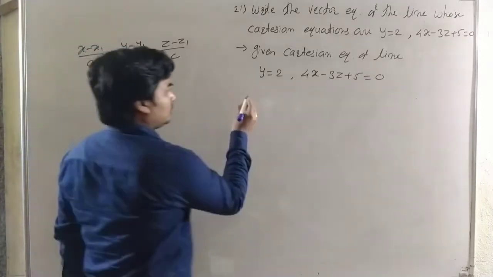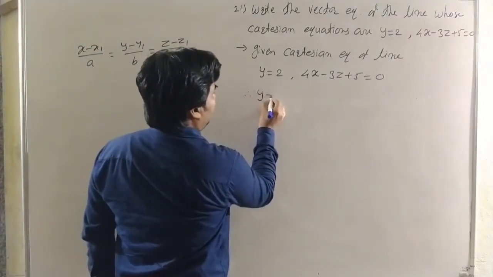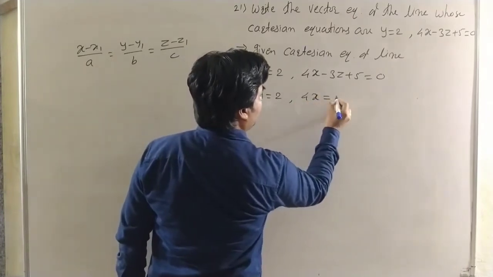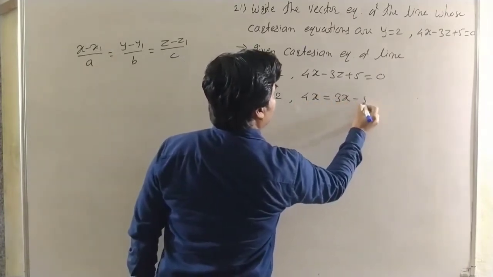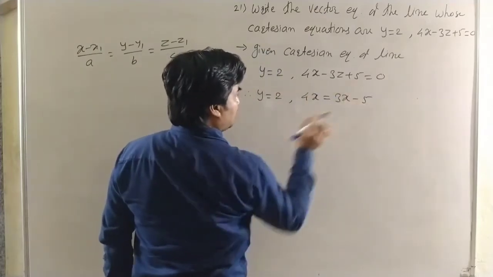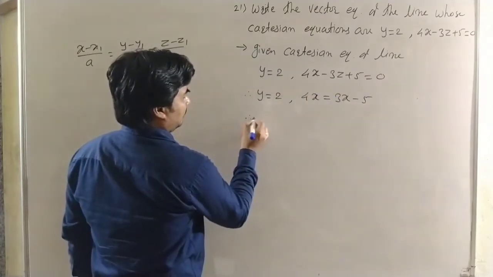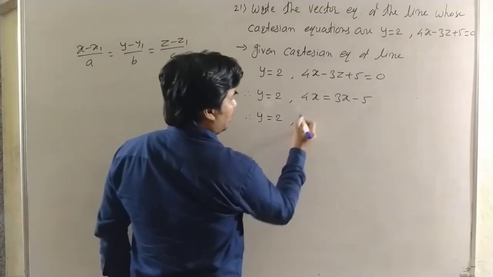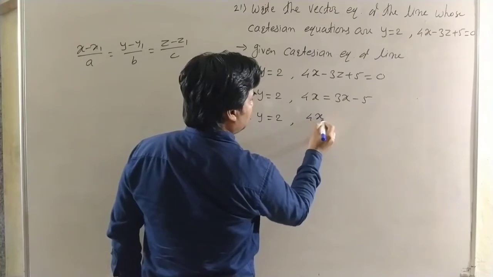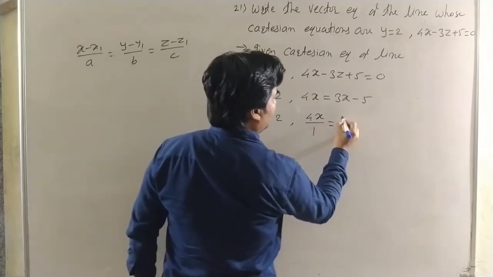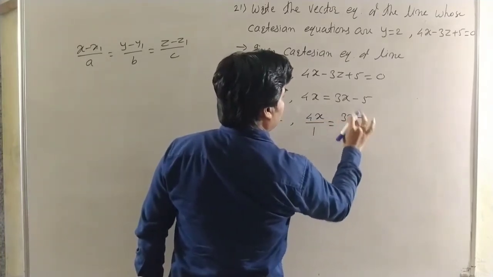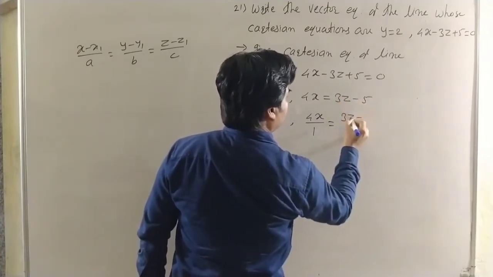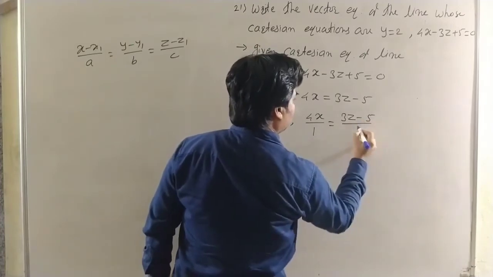Okay, now therefore we can write here y is equal to 2 and here 4x is equal to, see carefully, 3z minus 5. 4x is equal to 3z minus 5. Then here y equal to 2 or y minus 2 equal to 0. Okay, and here 4x upon 1 is equal to 3z minus 5 upon 1.